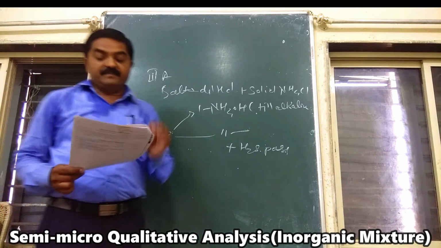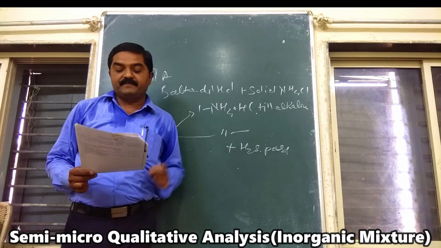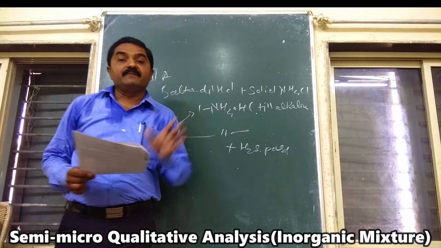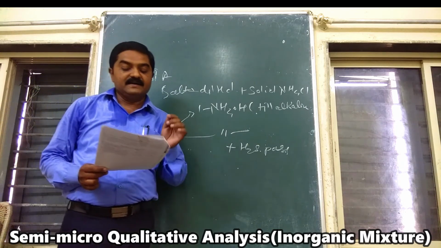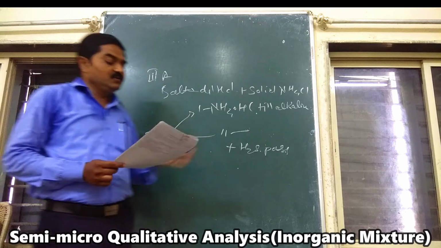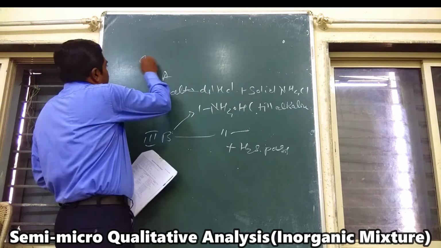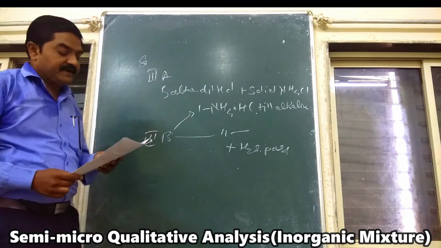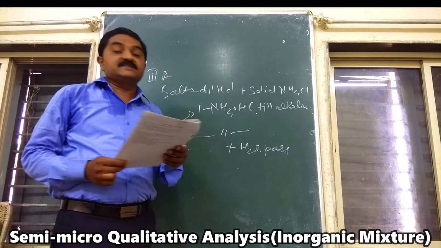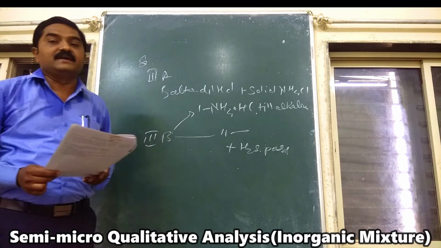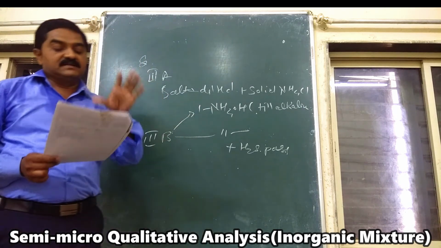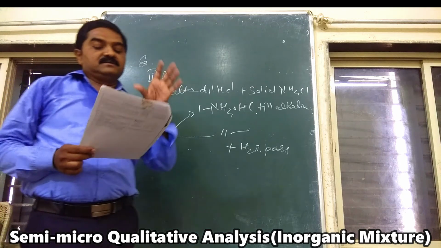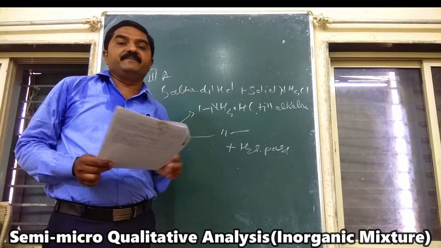If the color of the PPT is dirty white, buff PPT or black PPT, there may be presence of zinc, manganese, cobalt and nickel. Again the question can be asked in the exam: how will you separate these third A and third B group elements from the given inorganic mixture? You should write the separation of the third A as well as the third B group.